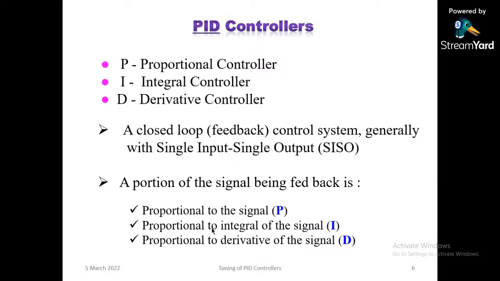And if I am taking integration of that, and I am taking derivative of that, based on that, we will characterize P, I, and D controller. One can use only P controller, one can use only I controller, one can use only D controller.